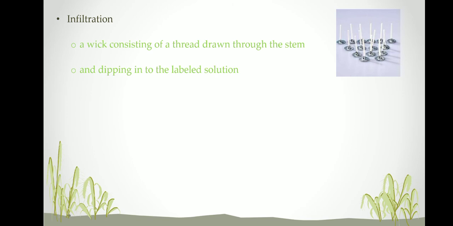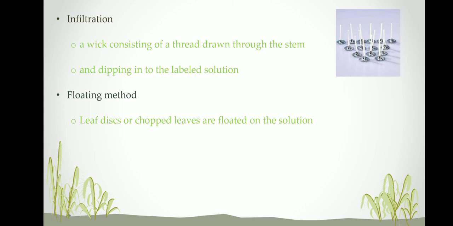Usually infiltration is carried out by using a wick consisting of a thread drawn through the stem and dipping into the labeled solution, or by making a flap in the stem and this stem flap is dipped into the solution to be infiltrated. That is infiltration technique. Next one is floating method.